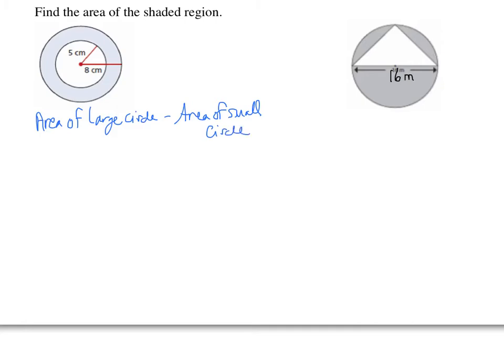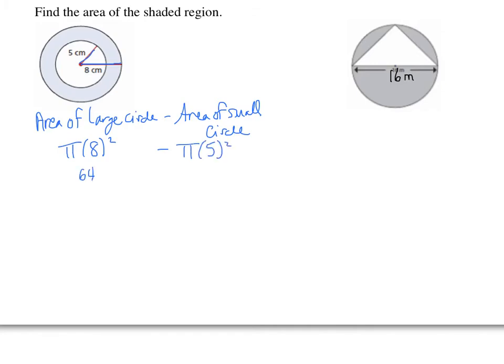So my radius of my large circle is 8, so when we have pi r squared, I'm using my 8. The area of my small circle, I need the radius of the small circle, and that will be my 5. So pi r squared.